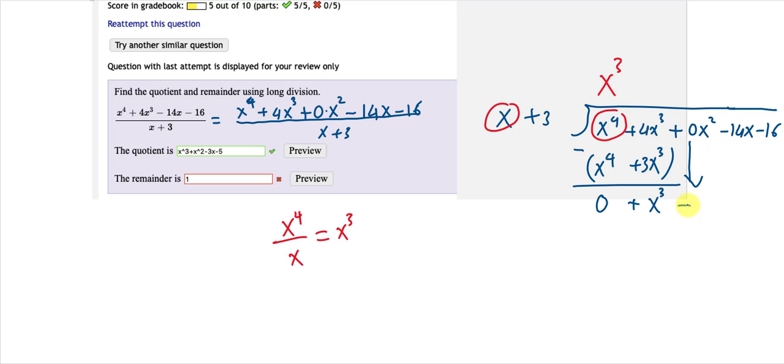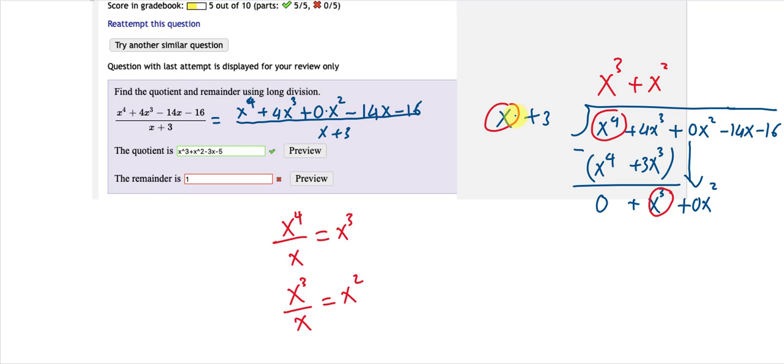Carry down the next term, plus 0x squared, right? And then after I carried down, I take the first term and divide by the first term here again. x cubed divided by x gives me x squared. So the answer goes here.